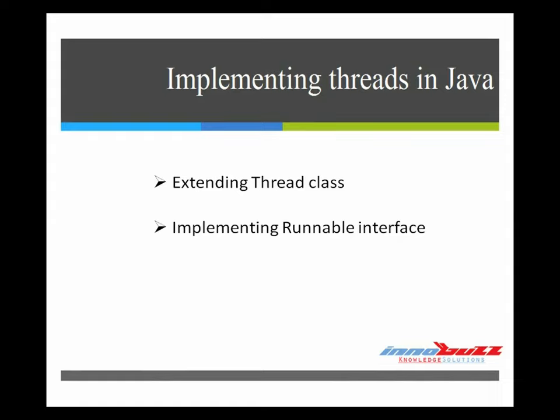Let us now talk a little bit about which is the better way, or what's the difference between them. In Java, a class can have only one superclass, as we have already seen. So if our thread class extends the java.lang.Thread, it cannot inherit from any other classes.